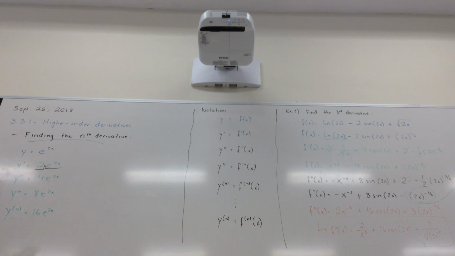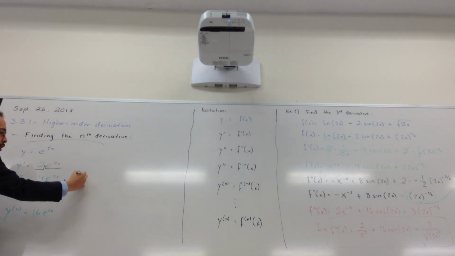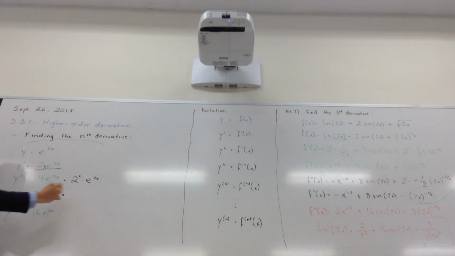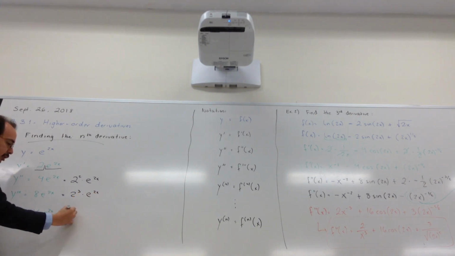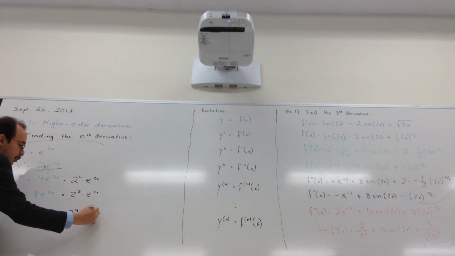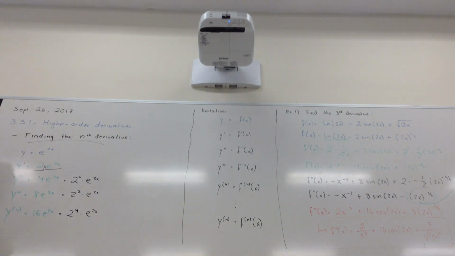This one is just 2. This 4 is actually 2 squared times e to the 2x. This one is 2 cubed times e to the 2x. This one is 2 to the 4 times e to the 2x. If you observe, that 2 is this 2, because it's the one I'm multiplying with.